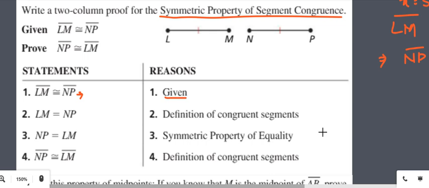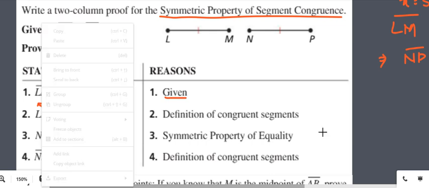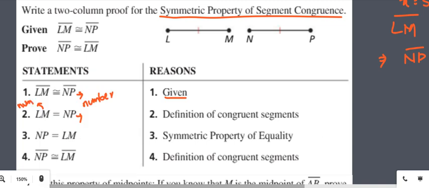Now this is a number, and this is also a number. In numbers, we already know that the symmetric property exists. It doesn't exist in congruency; it exists in numbers.